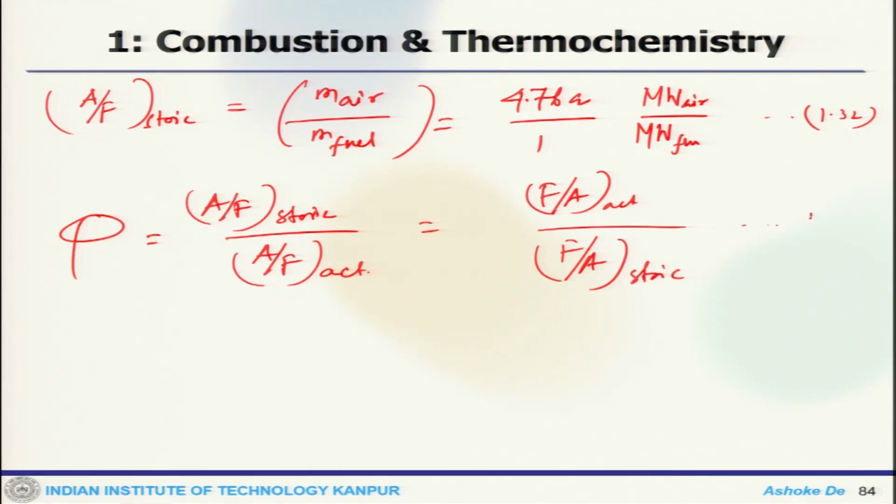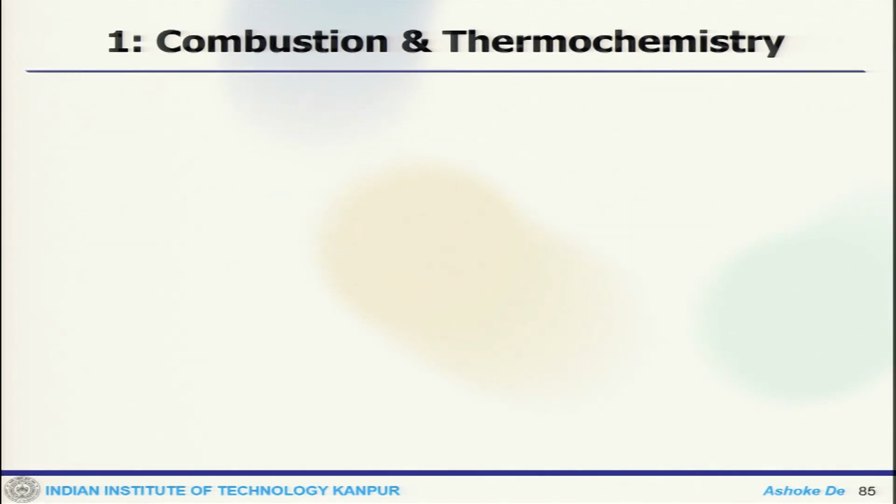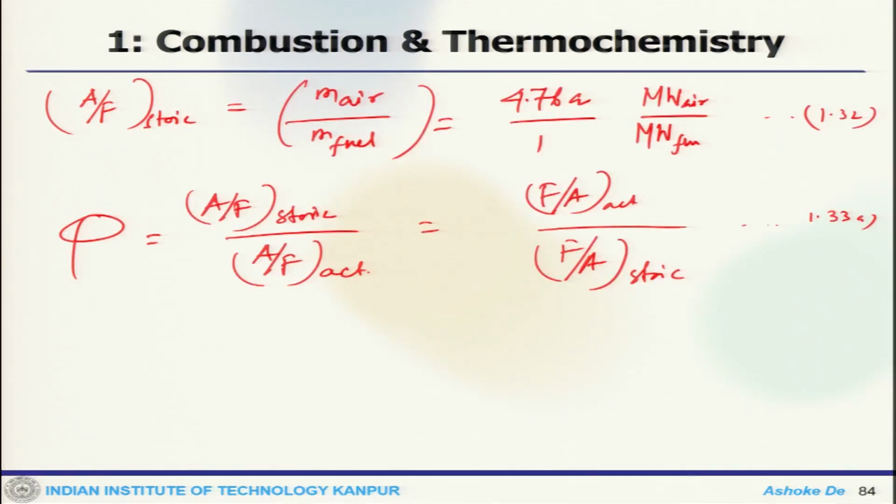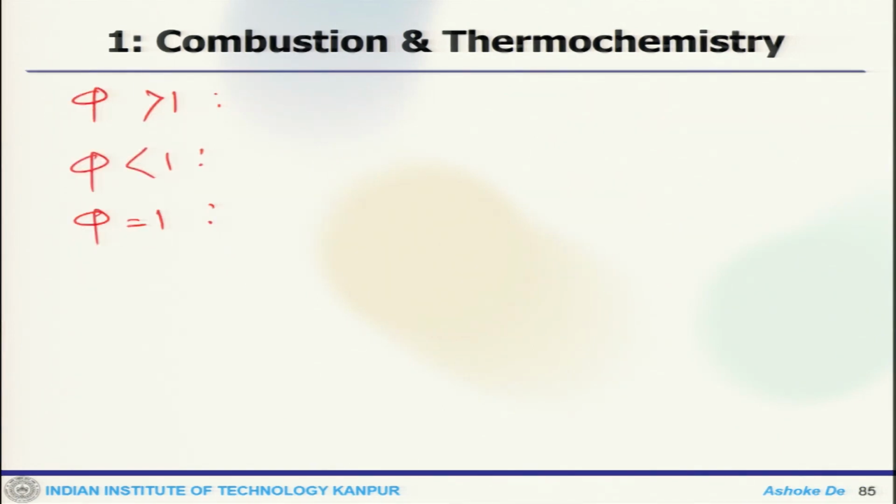Either way they lead to the same expression. Then phi greater than 1 is one condition, phi less than 1 is another, and phi equals 1 is another. When phi equals 1, the actual fuel-air ratio and the stoichiometric fuel-air ratio are the same, so a balanced amount of fuel and oxidizer are there for combustion to take place. So, this is essentially a stoichiometric mixture.